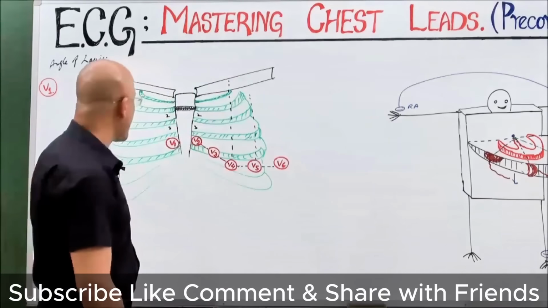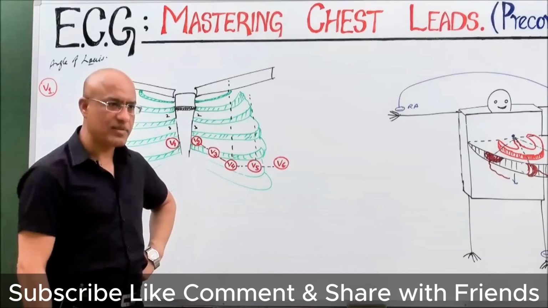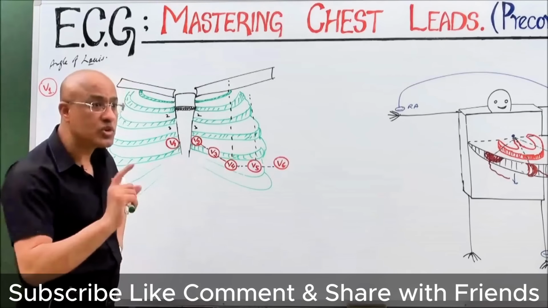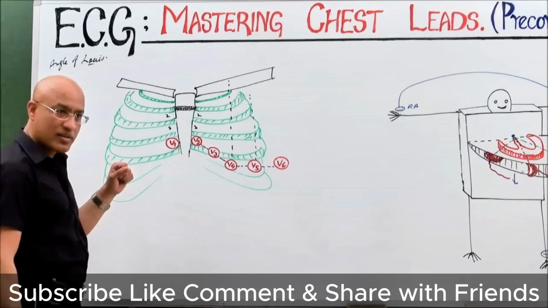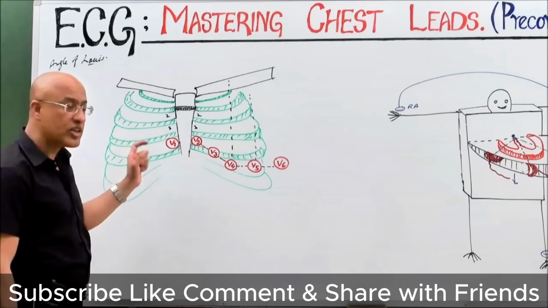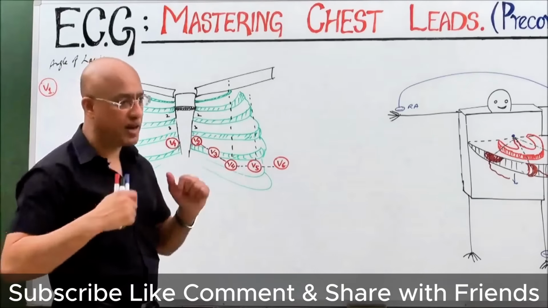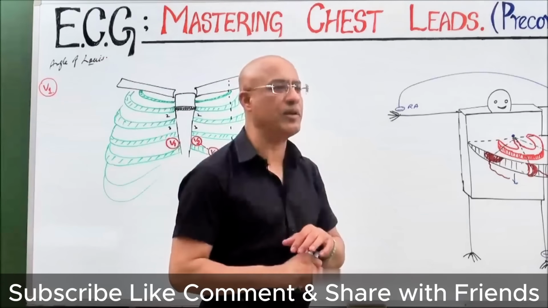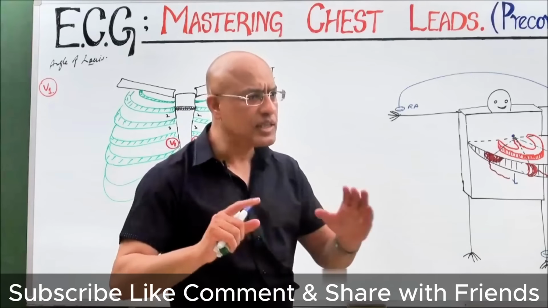Now, here I want to highlight something very important. Please use the bony landmarks to determine the specific site where you will put it. Don't use the nipple. Nipples are very deceptive. Nipple position varies from person to person, even in males.